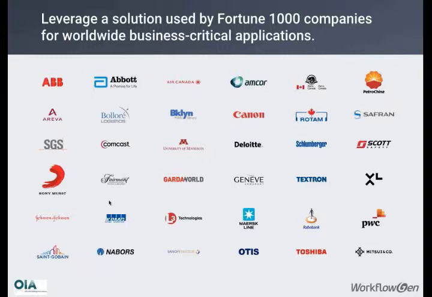Our clients are today in the manufacturing, pharmaceutical, gas, oil, telecommunications. So with WorkflowGen, we have no limit, which is kind of white pages. You can design and create any kind of processes. So we are working with middle-sized and very large company today.